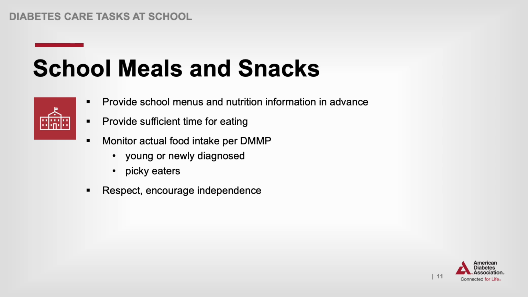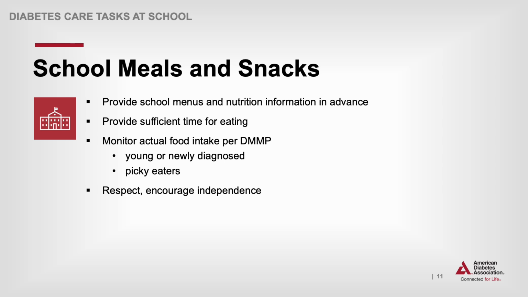Students should be provided with sufficient time for eating. The actual food intake of some students may need direct monitoring per the DMMP. These students may include younger or newly diagnosed students, picky eaters.